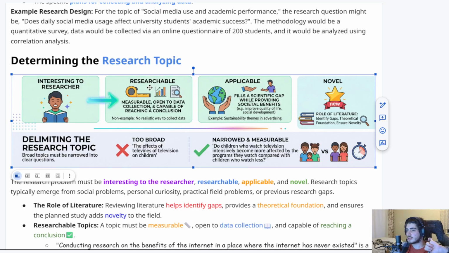And you need to also be able to reach a conclusion, so it needs to be something that's realistic. It also needs to be applicable in the scientific field. So it needs to fill a scientific gap while providing societal benefits, kind of like in applied research. And it needs to be novel.